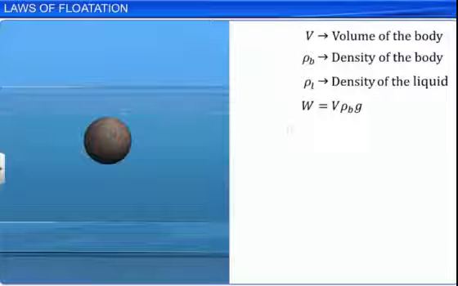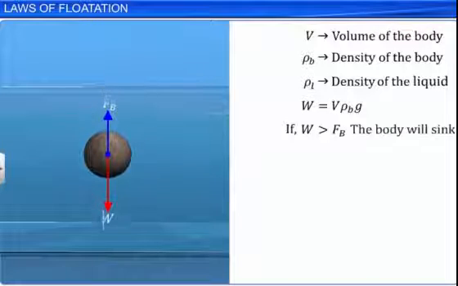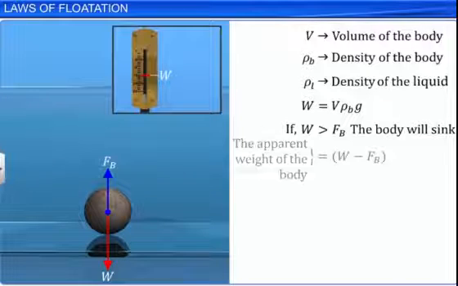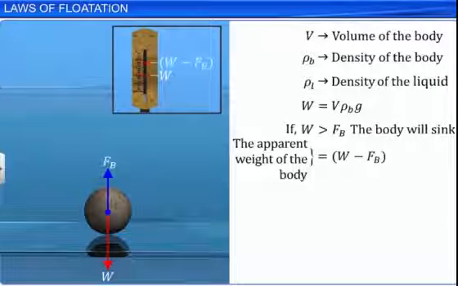If the weight of the body W is greater than the force of buoyancy acting on it, Fb, then the body will sink in the liquid. In that case, the apparent weight of the body is equal to W minus Fb.